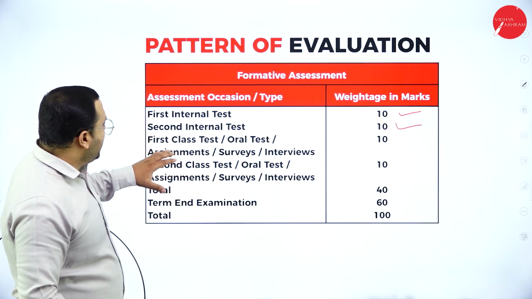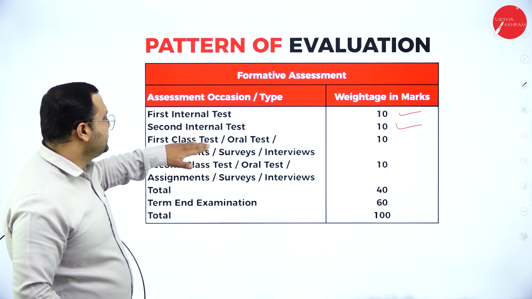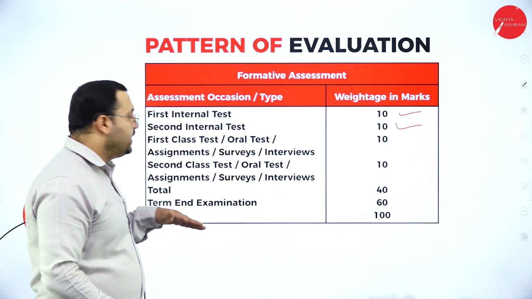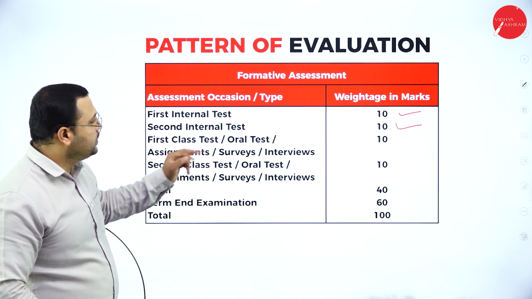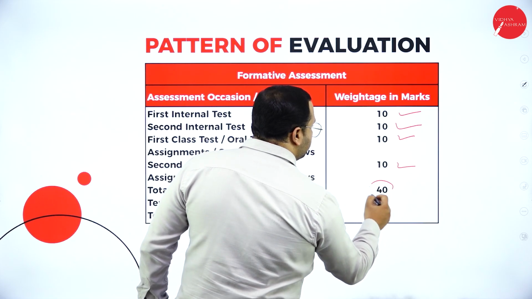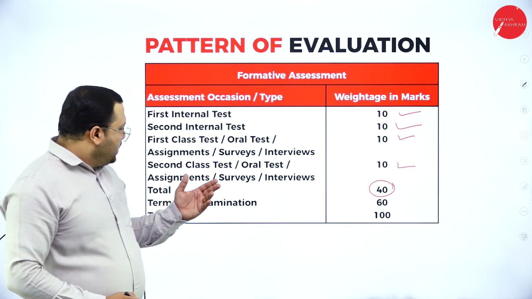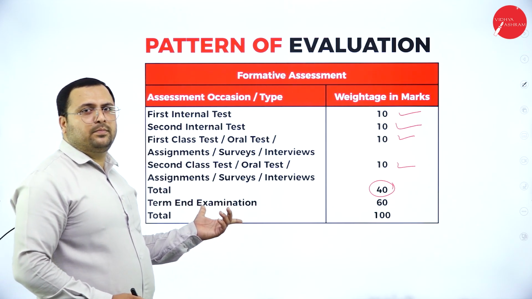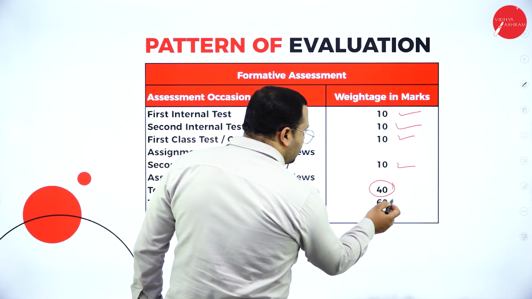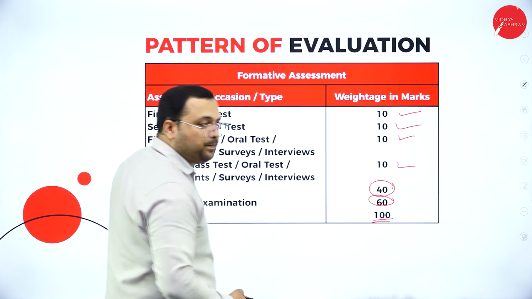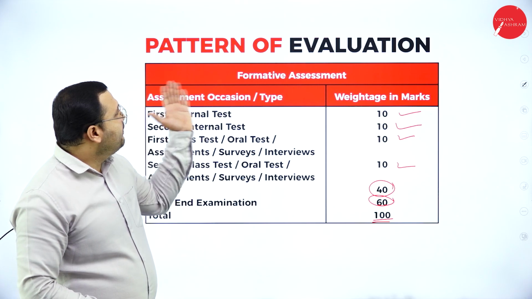In the second part, you have either class test or assignment, survey, interviews, etc. And that is also done twice, 10 and 10, which sums up to 40. And in the end, you will have the term-end exam that carries 60 marks. So total, it comes to 100 marks. So this is about your evaluation.